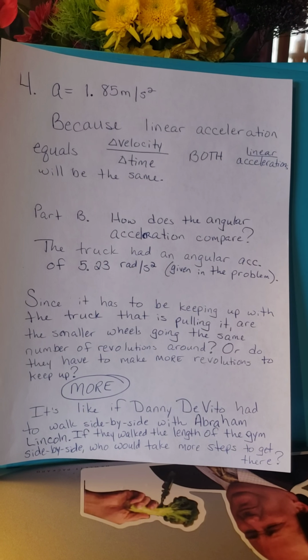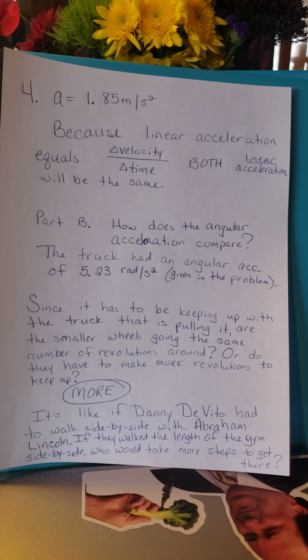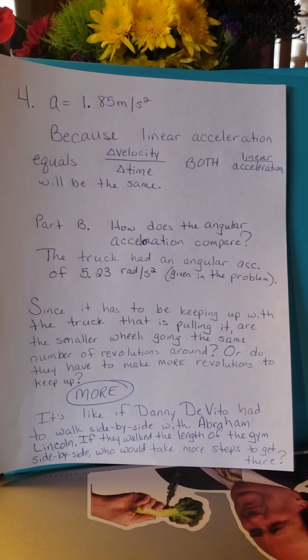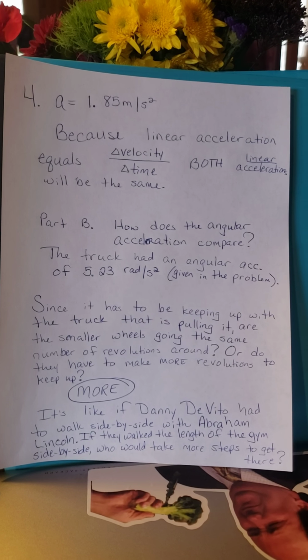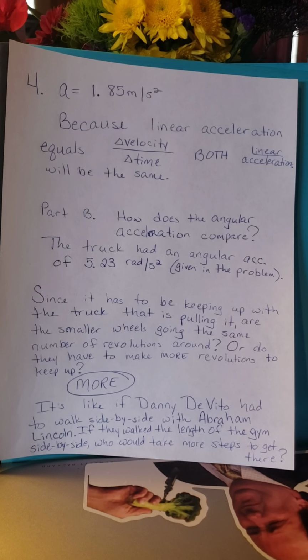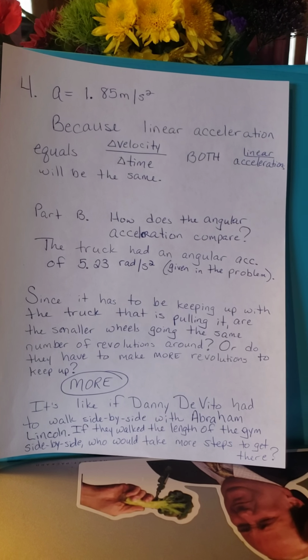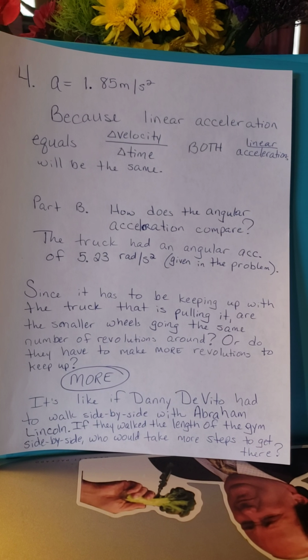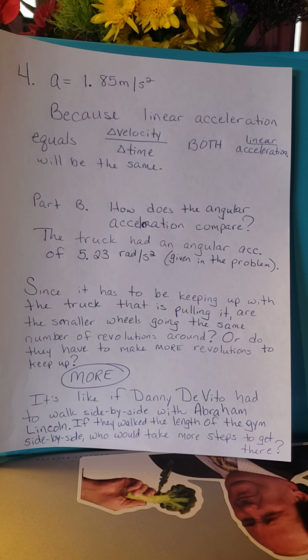If you are towing something, it's not going faster than you. Otherwise, that would cause a wreck. And it's not going slower than you because it has to keep up with you because of the hitch. So the linear acceleration is going to be the exact same, and that's just how fast you are accelerating on the road.